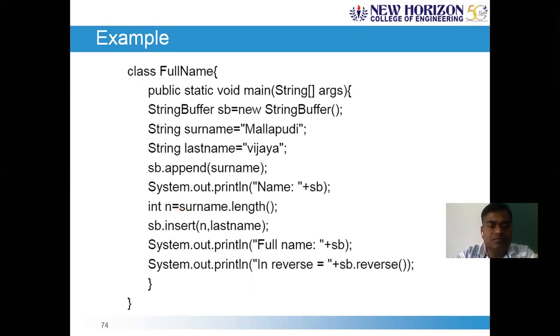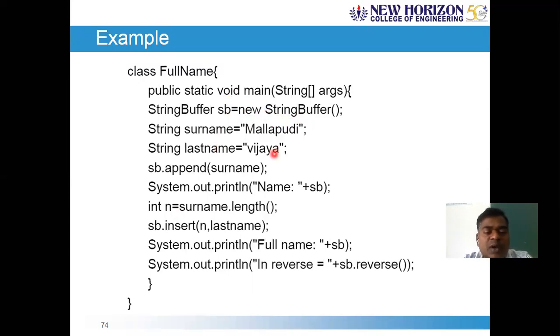So here we go with the programming example. Here I'm creating an object of the string buffer class. Right now it is an empty string buffer object, so you have to define some string value for it. I will give a surname and a last name, Mullapudi and Vijaya.